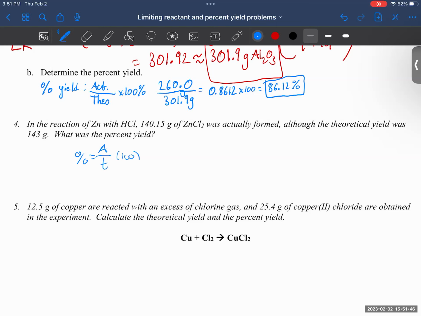Our actual yield is 140, and theoretical was 143. So 140 divided by 143 times 100 is 97.9, so 98.0. That's pretty good. What a percent yield, 98%.